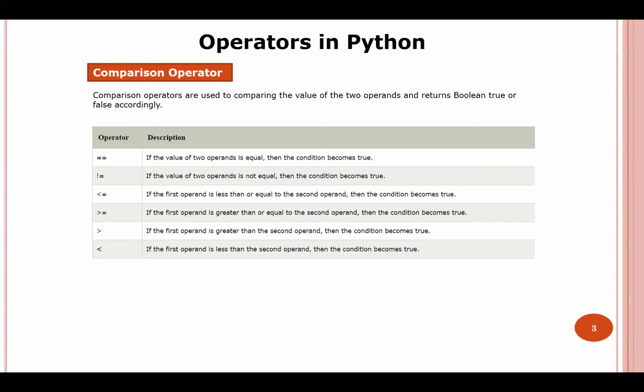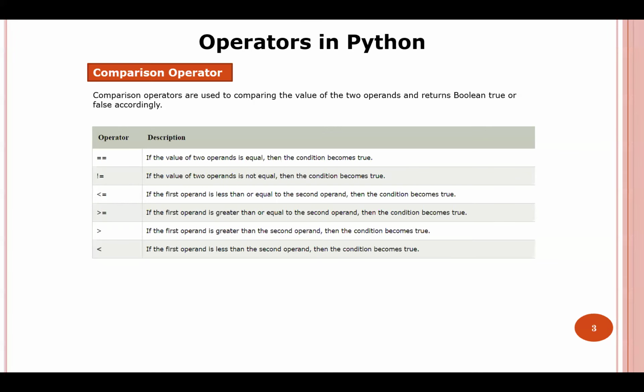The answer of a comparison operator will always be a Boolean value, either true or false. If you use a comparison operator between any two variables, it will always return either true or false.